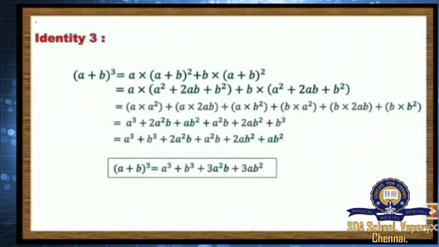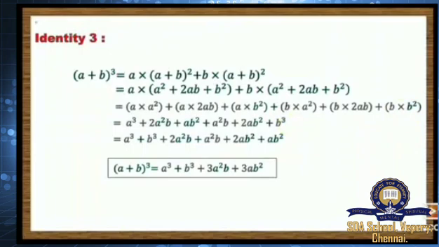So when you solve this, you will get a into a square is a cube, a into 2ab is 2a square b, a into b square is ab square, b into a square is a square b, b into 2ab is 2ab square, b into b square is b cube.